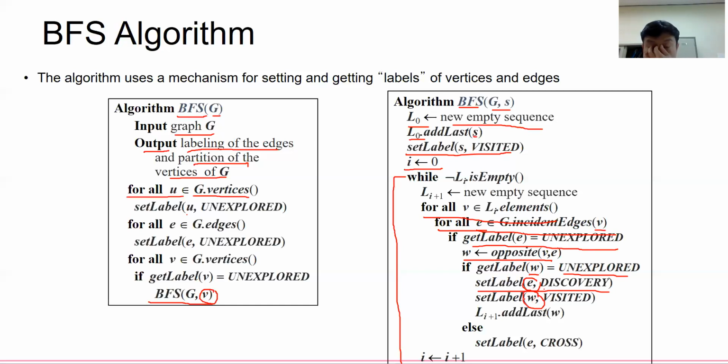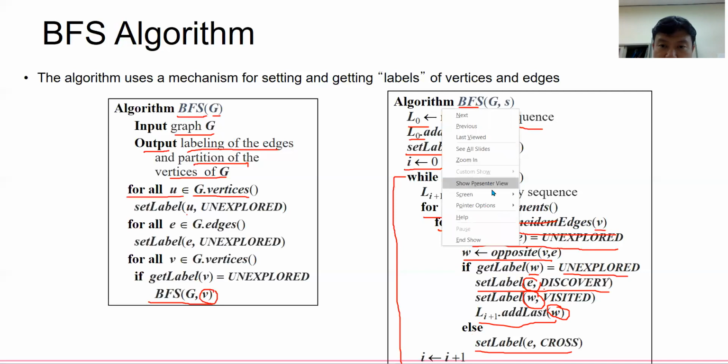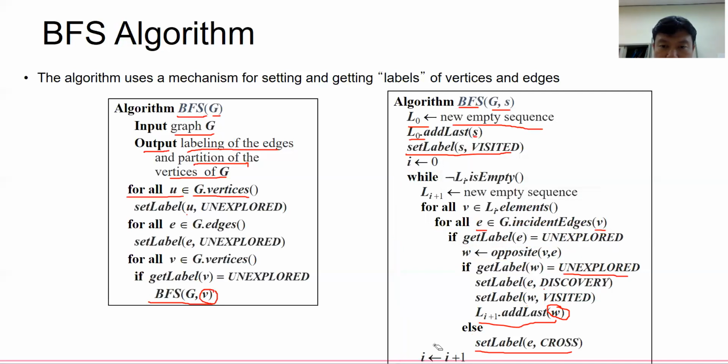So we have L(i+1), and the new node w that we already visited will be added to it. If it is not, then we will label it cross. So it's not a back edge, but it is a cross edge. Okay, so let's see one by one how we can do this with the example.